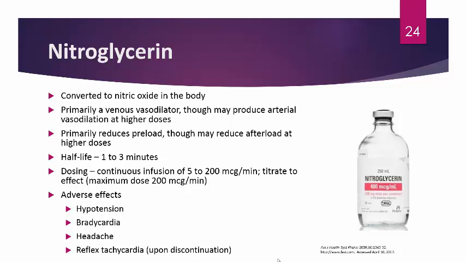Nitroglycerin primarily reduces preload, or that volume of blood essentially coming back to the heart, though it may reduce afterload at high doses. So essentially reducing that systemic vascular resistance and that force to overcome to eventually pump blood forward.